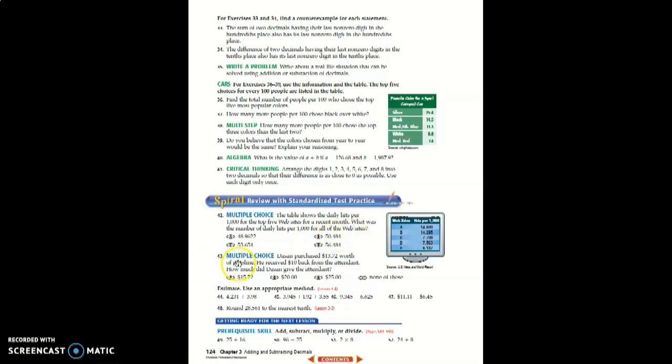43. Multiple choice: Dasan purchased $13.72 worth of gasoline. He received $10 back from the attendant. How much did Dasan give the attendant? Estimate.